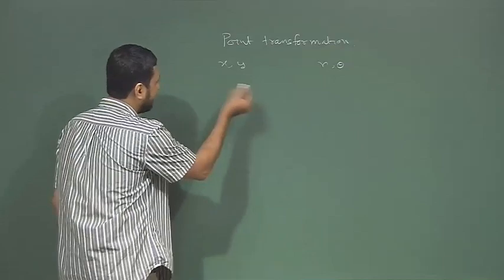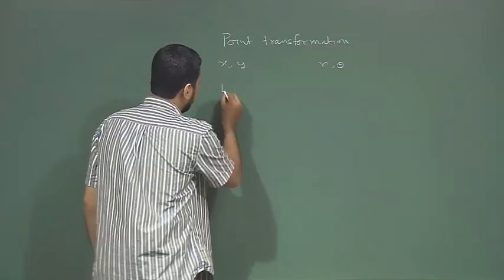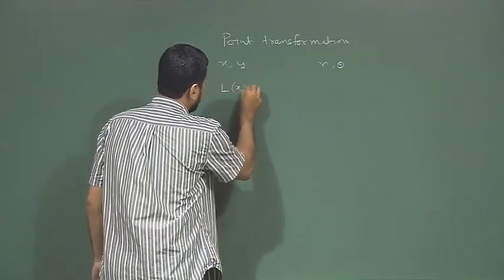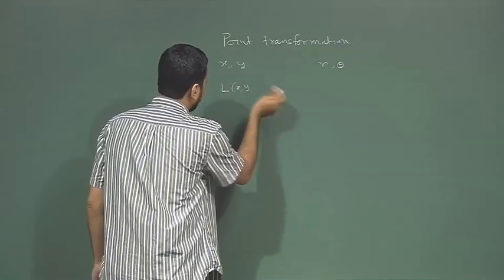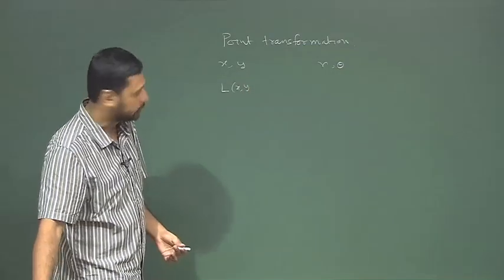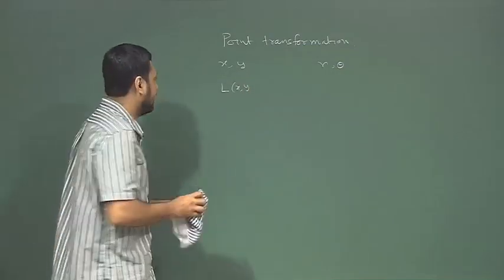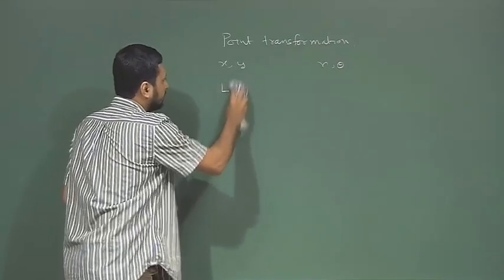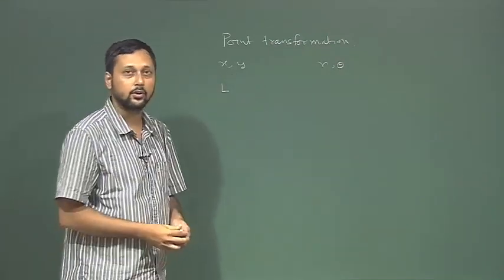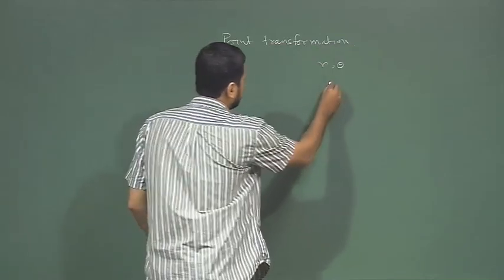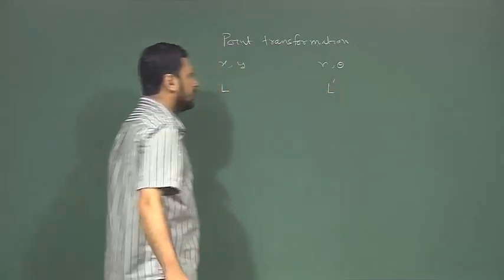Similarly the Lagrangian, if I write the Lagrangian L, which will be a function of x, y, x dot, y dot and time, and here let us call the Lagrangian L prime.